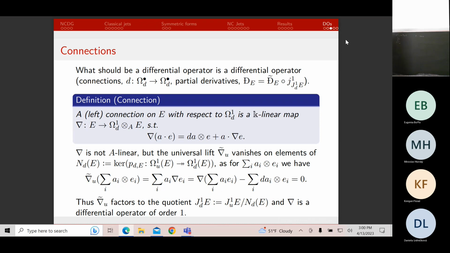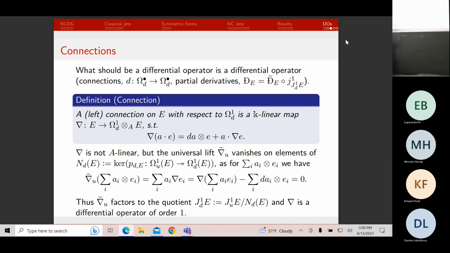So what is a differential operator? Everything that we can expect to be a differential operator is a differential operator. For instance, we have the exterior differential, and we have the notion of partial derivatives when we have parallelizable manifolds. With partial derivatives, we can formulate the Schwarz theorem also in non-commutative geometry.